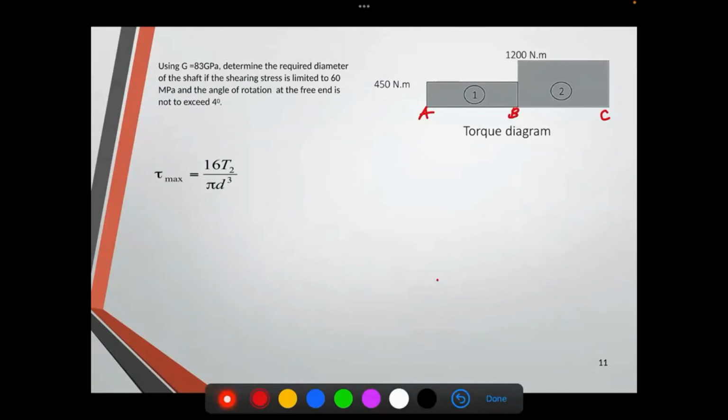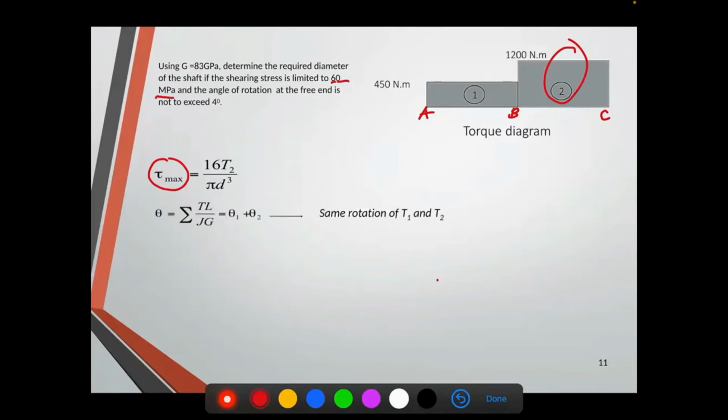But in this case, since the distances are equal and we are assuming the circular shaft has a constant diameter, we can solve just one. Obviously, in the figure, BC has the larger torque, so we will use section BC. Substituting the values, 16 times 1,200, because that is the maximum shear, over pi times d cubed. 60 megapascals is the limit, or the allowable shear stress.